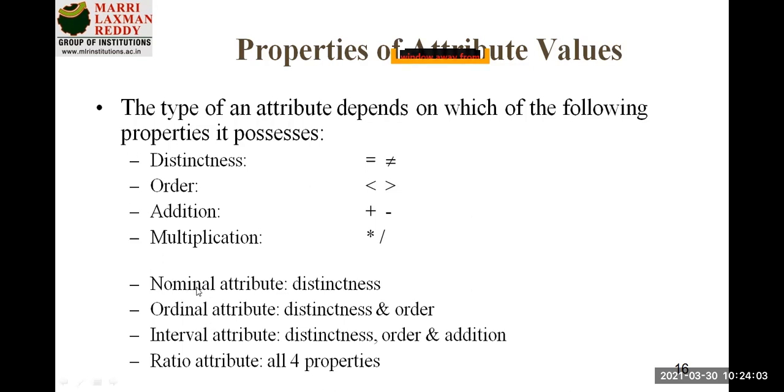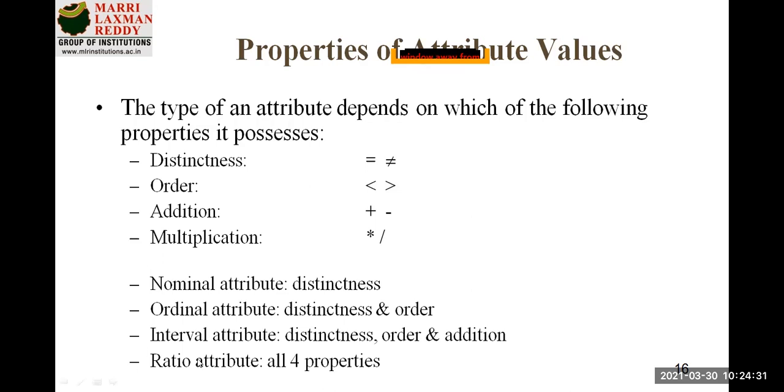Here you can see a nominal attribute will have distinctness. If you are taking data with respect to an ordinal attribute, it is distinctness and order. And if I talk about an interval attribute, it is distinctness, order, and addition. The type of attribute depends on which of the following properties it possesses. For example, a nominal attribute will only talk about equal to and not equal to. An ordinal attribute will talk about the order also.